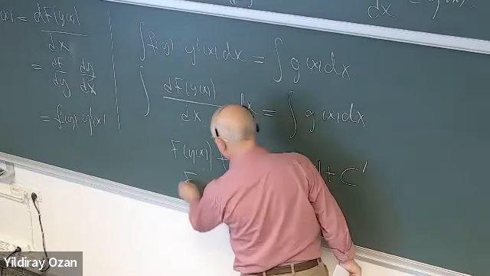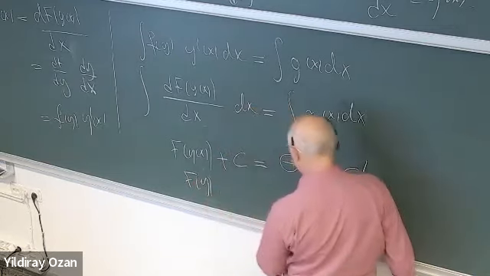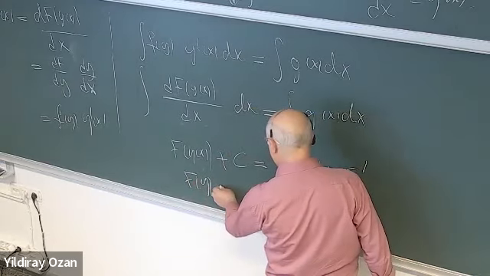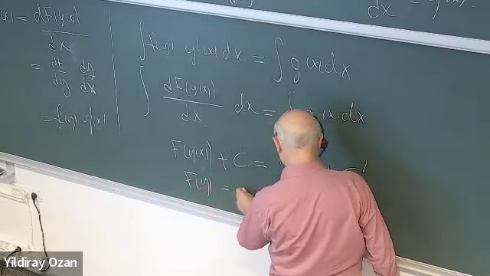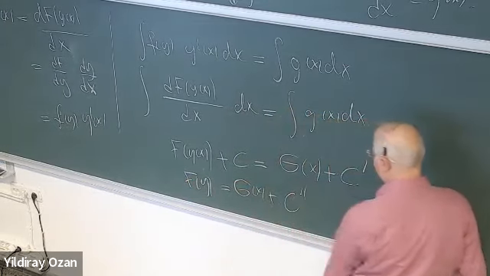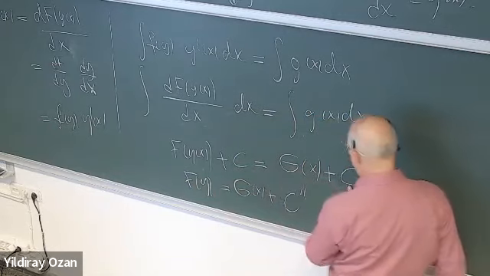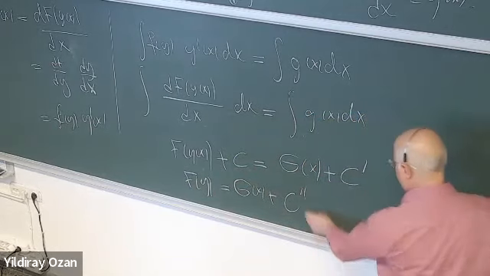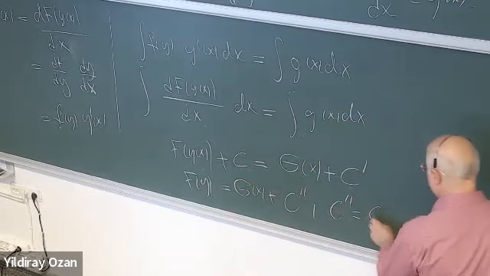Therefore, this is just F of y equals G of x plus, let's say, c double prime, this constant minus this constant. Okay.